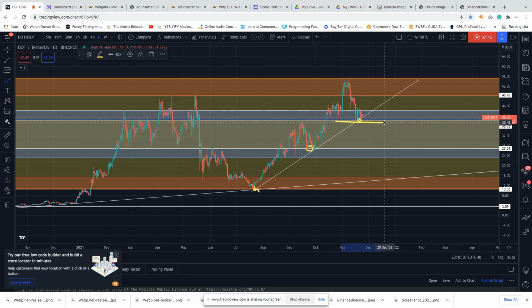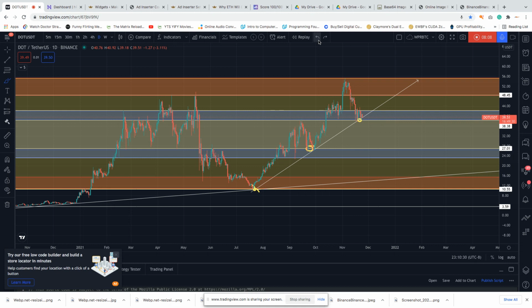Anything that goes below this point is going to be risky. Why? It's going to be breaking this line that price has been respecting, and it's going to break this support. This resistance area is now acting as support. It is supposed to act as support.